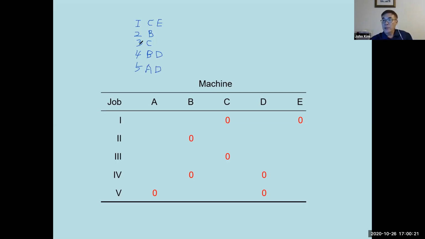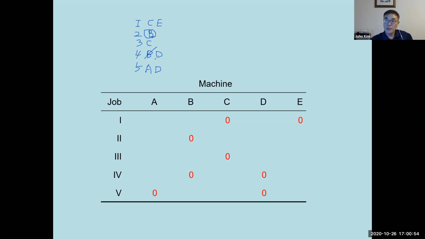Okay, job 2 and job 3 only have one available machine. So assign the only available job first to a machine. If we assign B, then this one is not available. Then D is the only one available for job 4.